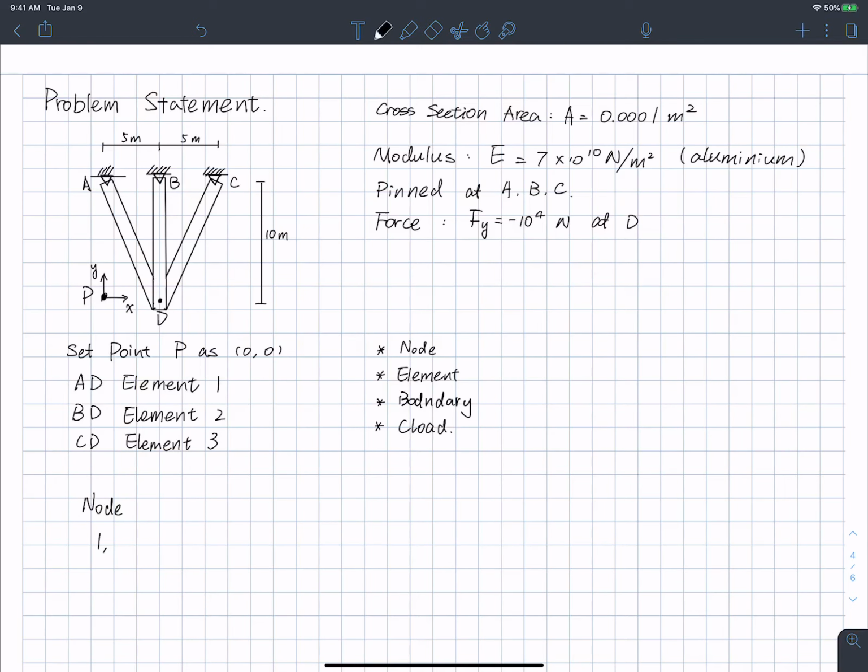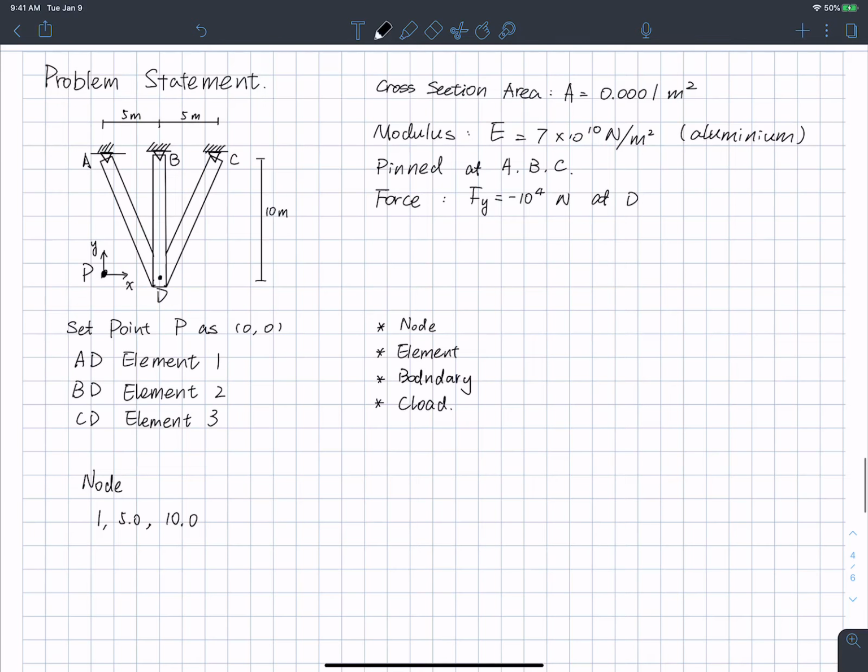Second one is the x-axis, third one is the y-axis. So for node A, the x-axis is 5.0 and the y-axis is 10.0. You can just type in 5 and 10, it won't change in this problem, but just to keep it more accurate, you can just do 5.0 and 10.0.